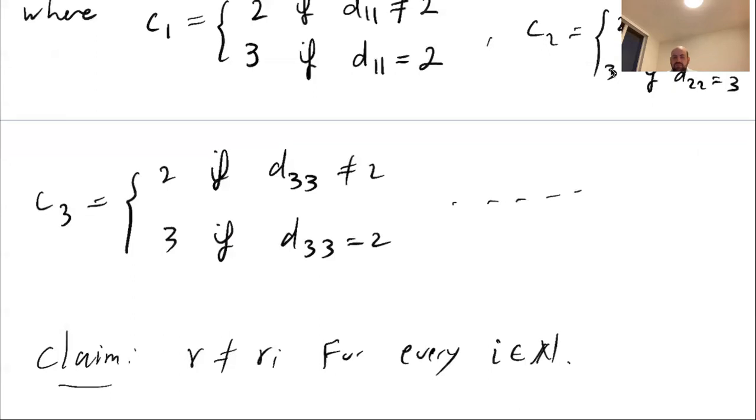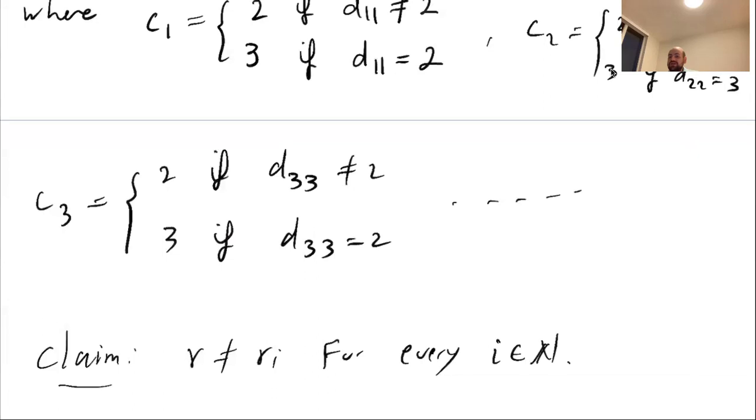The second number after the decimal is again either 2 or 3. The third is again either 2 or 3, and so on. So I have a number R where every digit after the decimal is either 2 or 3. Well, that means I have a number, of course, between 0 to 1. That's the first thing. And my claim is that this number is not any of these Ri's.